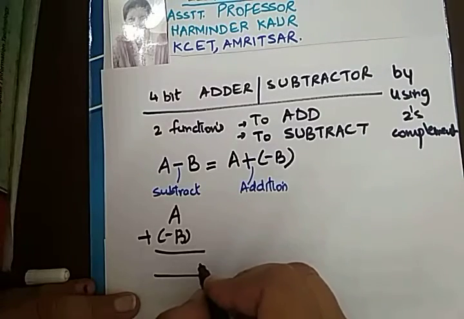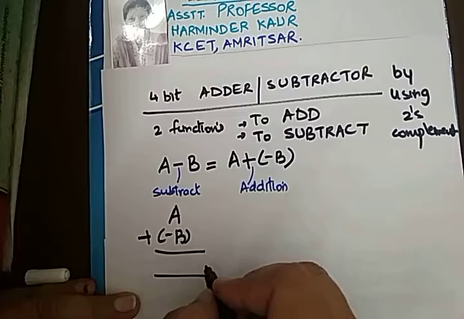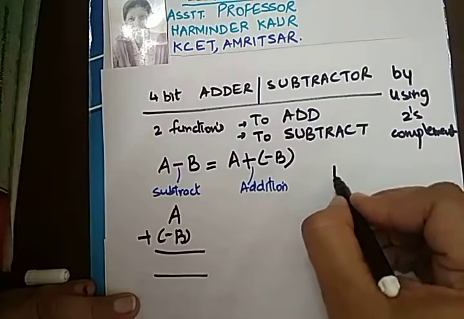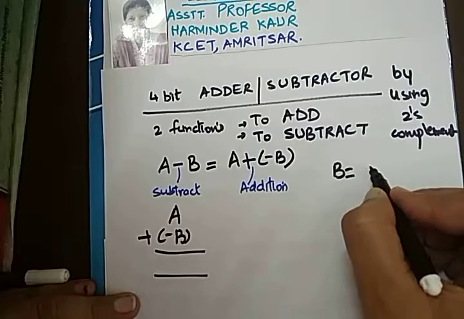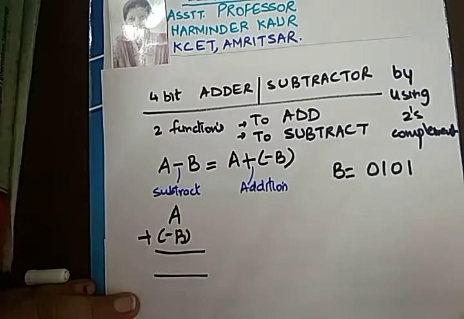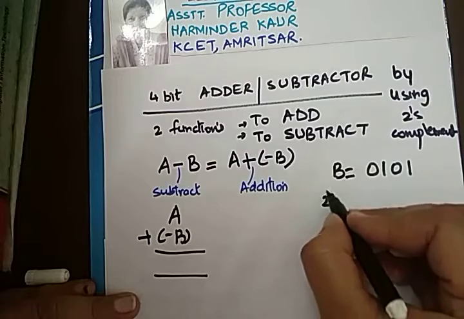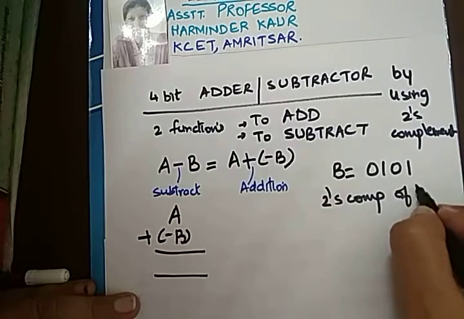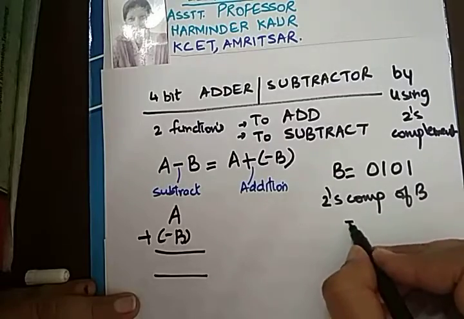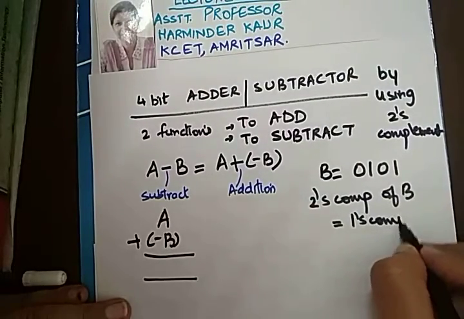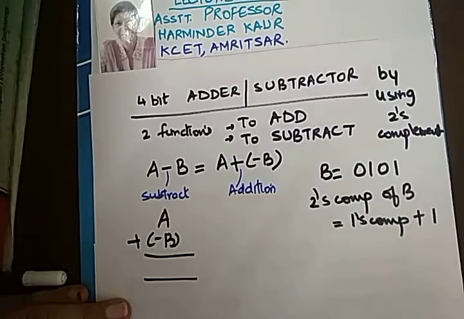To do this subtraction by addition, recall that if b was a number 0, 1, 0, 1, to find the 2's complement of b, which is nothing but 1's complement plus 1.